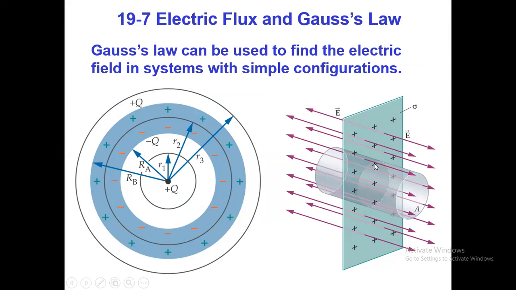If we imagine a particular area here, and the lines of forces flow through this area, then the flux would flow in this direction and the opposite direction as well. So this is the concept.